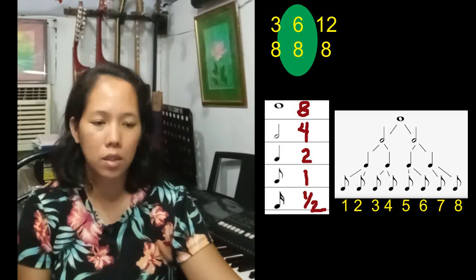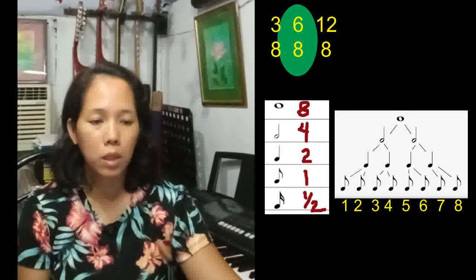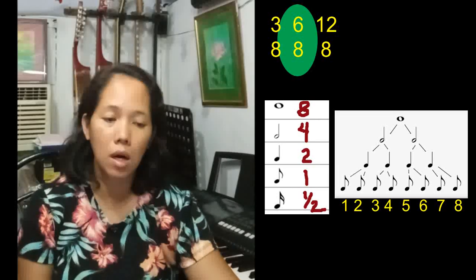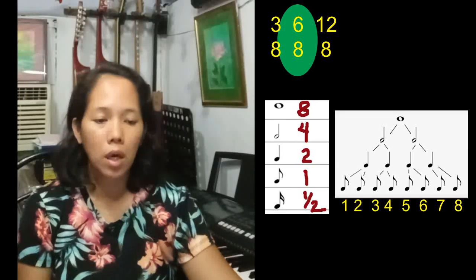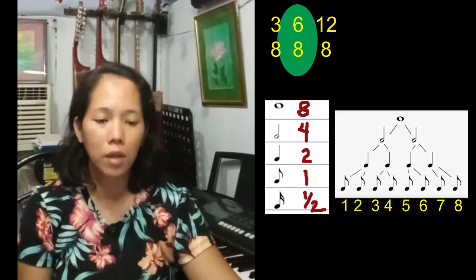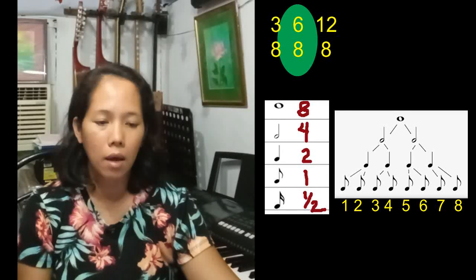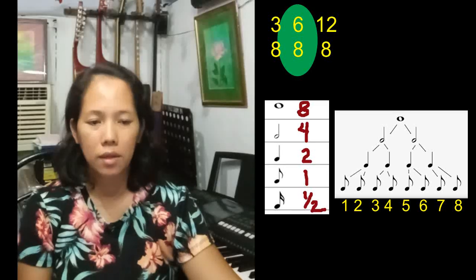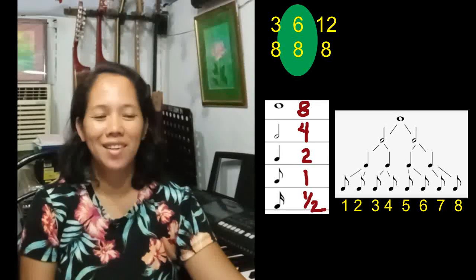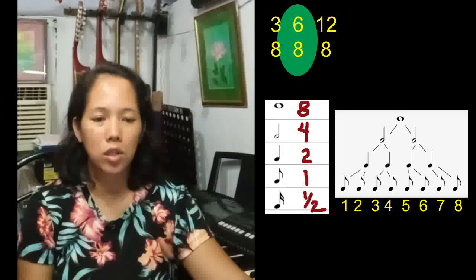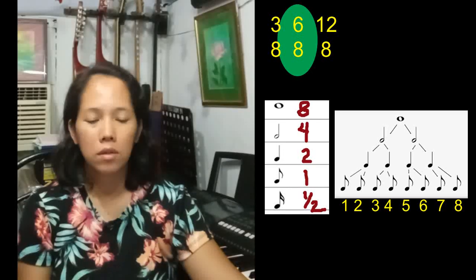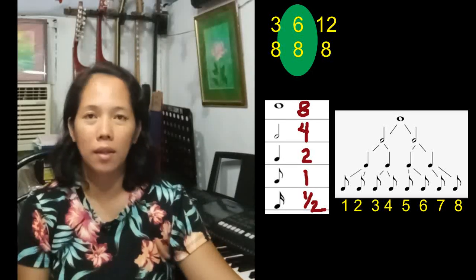So, since the 8th note is 1 count, if there are two 16th notes, the value of each of them is just 1/2. Okay? So, the time signature is understood. So, that's it for 3/8.